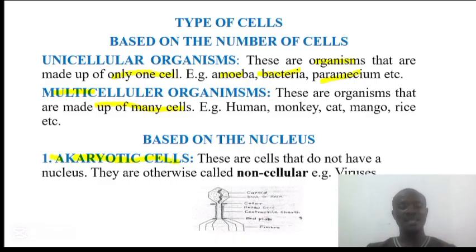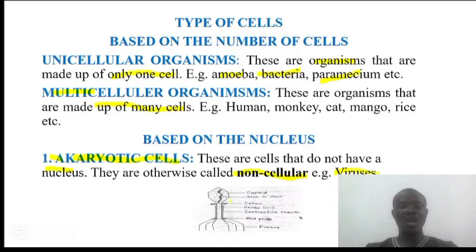So in this case, the organism does not have a cell. If you are asked what acellular organisms are, you can say these are organisms that do not have a cellular structure. They are otherwise known as non-cellular organisms. An example is a virus.